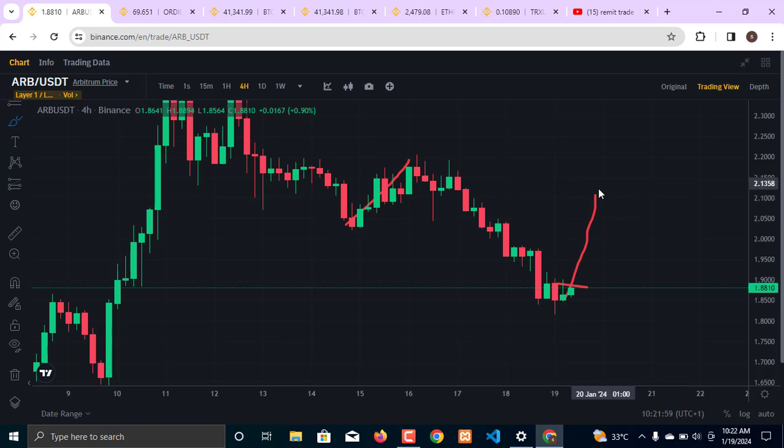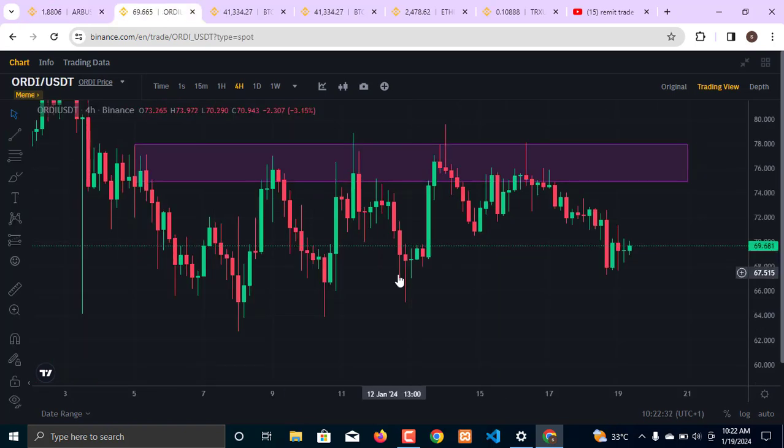At the end of retracement, we'll take a short opportunity again for the market to come back to the downside, because the flow and the strength of the market right now is pointing downward. The bears are in control of the market, and we need to trade in that direction. So for ARBUSDT, wait for retracement, and then it will present a short opportunity for us to short the market to the downside. That is what you must pay attention to right now.